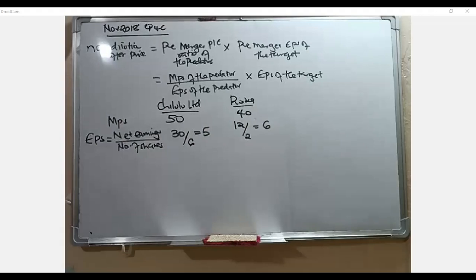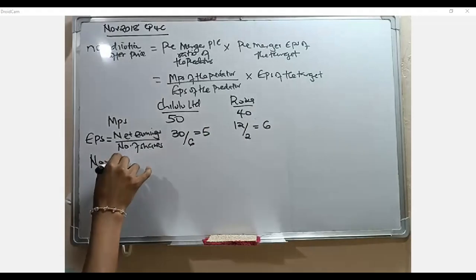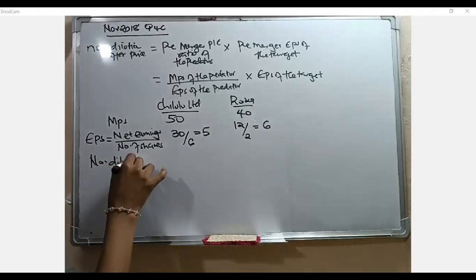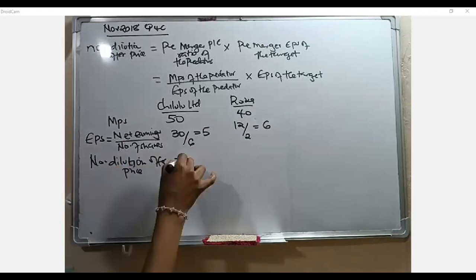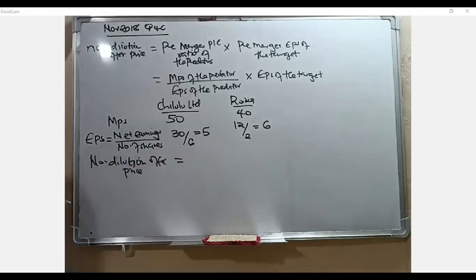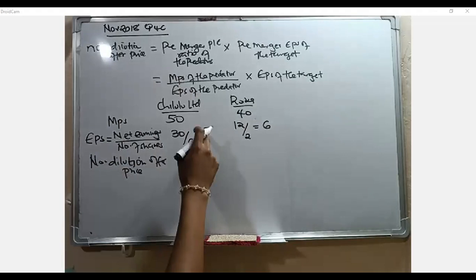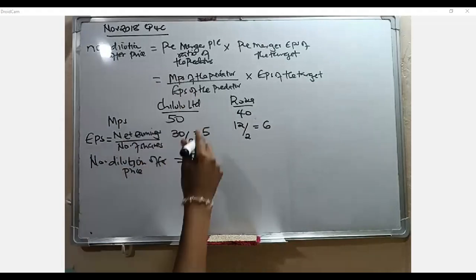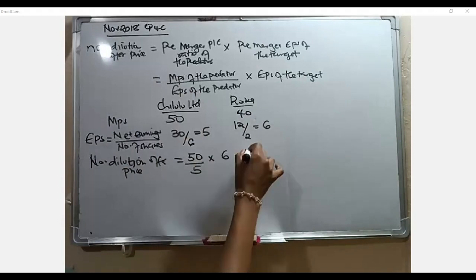We have been told to get our non-dilution offer price. You take the market price per share, which is 50. You divide by 5, remember that is the EPS of the predator, Chilulu. Then you multiply by 6, which translates to Kenya shillings 60.